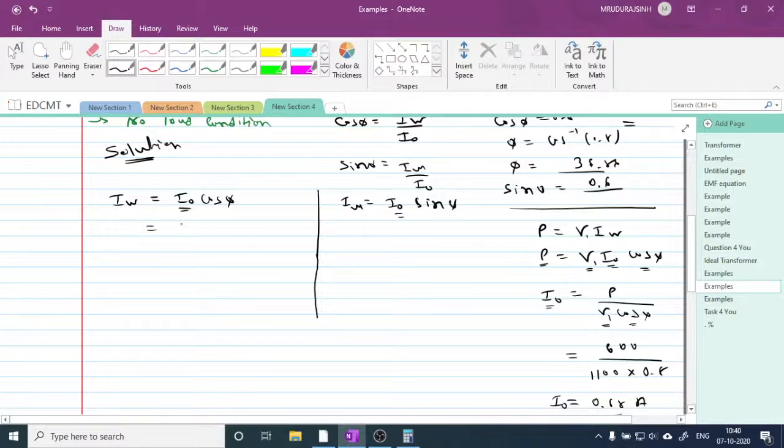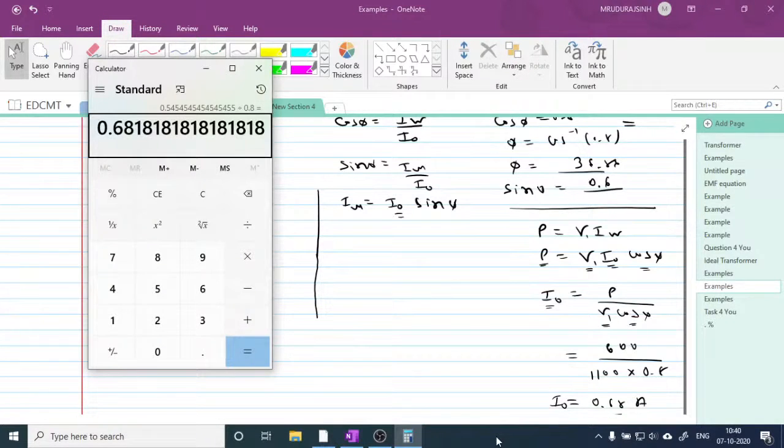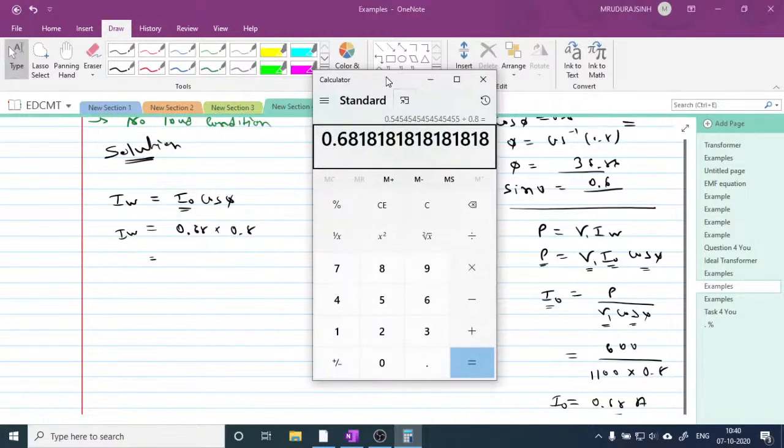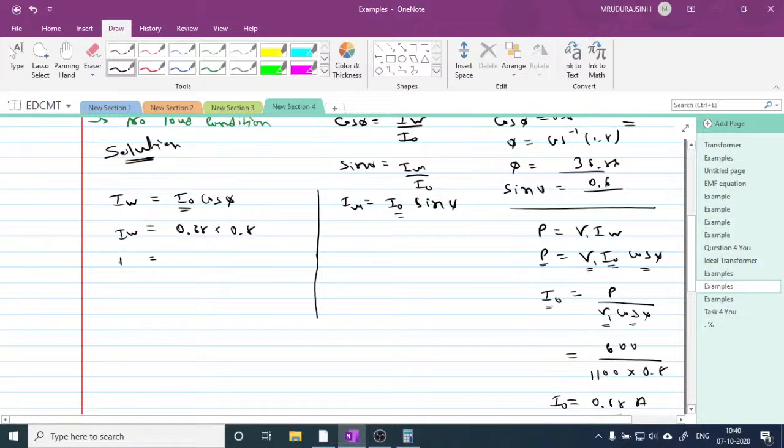So now let's place this 0.68 ampere of I0 into 0.8 which will give us IW. IW is 0.68 multiplied by 0.8, which gives us 0.545. So IW is 0.545 ampere, about half an ampere.